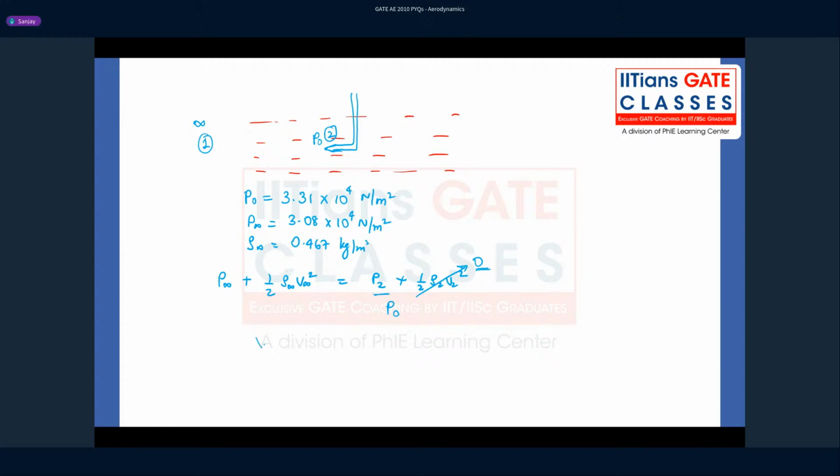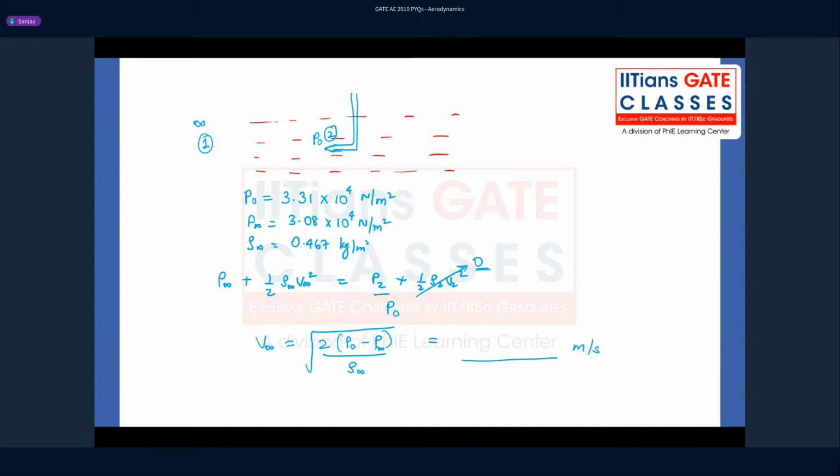So from here, you can say that your V infinity is going to be the square root of 2 times (P naught minus P infinity) by rho infinity, right? So you can just substitute your values. Okay. So you can substitute your values and find out the answer. Can you please calculate and let me know what you are getting? You just have to substitute.